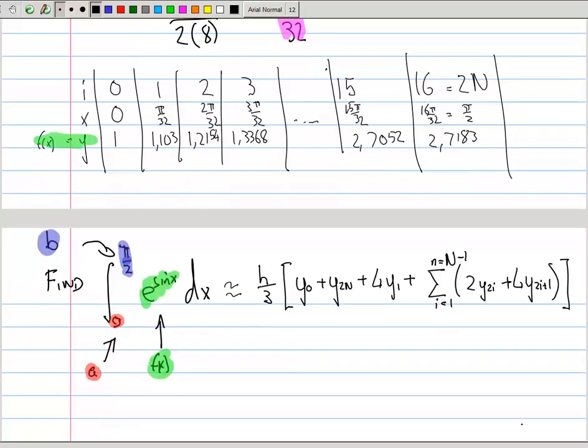I'm just going to write out a couple of terms so that you get an idea. This ends up equaling our h, we know, is pi by 32, divided by 3.